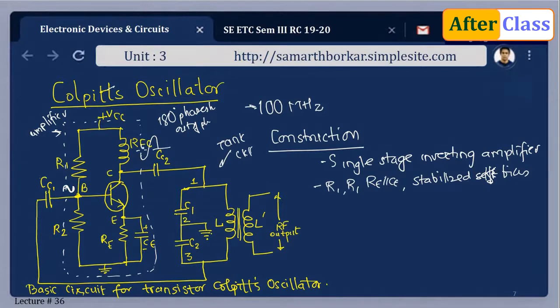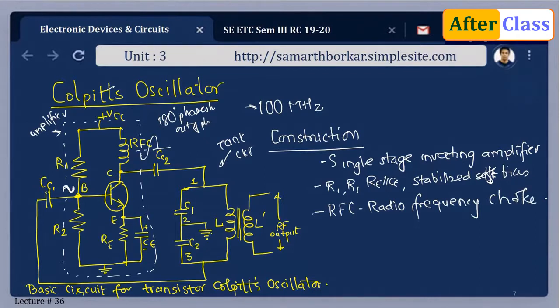The collector supply voltage is VCC, which is applied to the collector through a radio frequency choke. So here I have mentioned RFC. RFC stands for radio frequency choke.